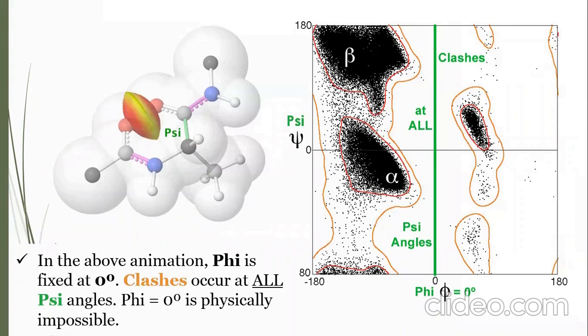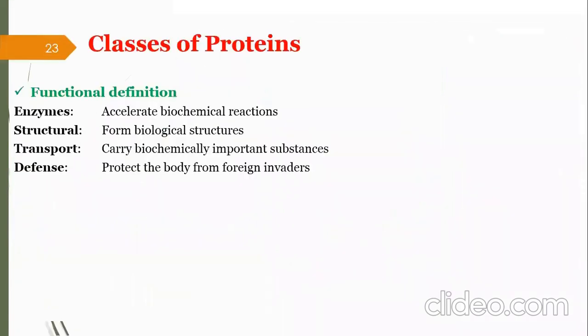Okay, and next to it is classes of proteins. We have different classes of proteins, and we can determine those on the basis of function and structure. Based on the function, we have different types of those, like enzymes.